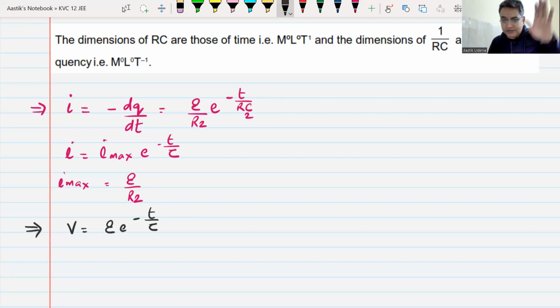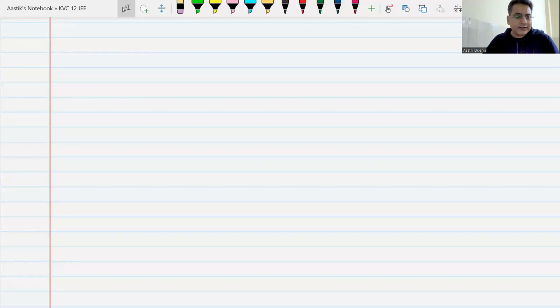Now I'll give you 2 minutes to go through this entirely, and then we can move on to other questions. Let me know once you are done. Then I'll give you a quick recap of both the charging and the discharging. I will give you a table where both of them are put together side by side, so that you can compare them and understand both circuits together.